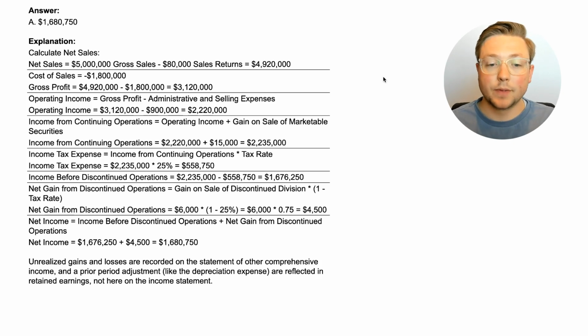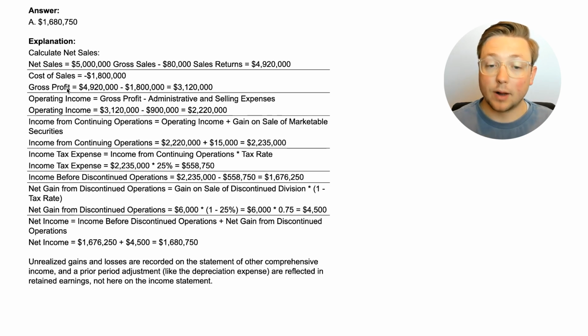Now again, it might have been hard to picture how all this fit together, so we're going to put it all together here. This is kind of a mock income statement. I know it's not perfect, but I just wanted to show you how each step worked. So first, you start by calculating the net sales. Net sales is the gross sales less any sales returns, so that gives us $4,920,000 of net sales. Then we subtract the cost of sales. Again, this is basically cost of goods sold.